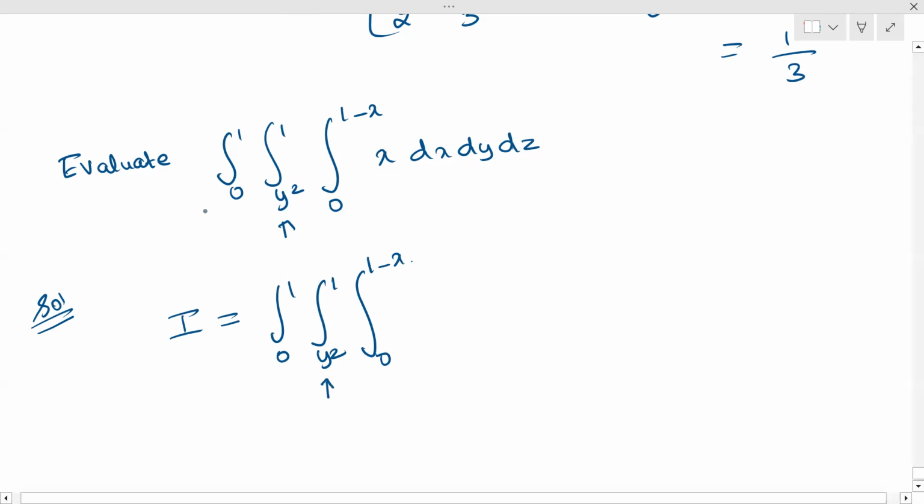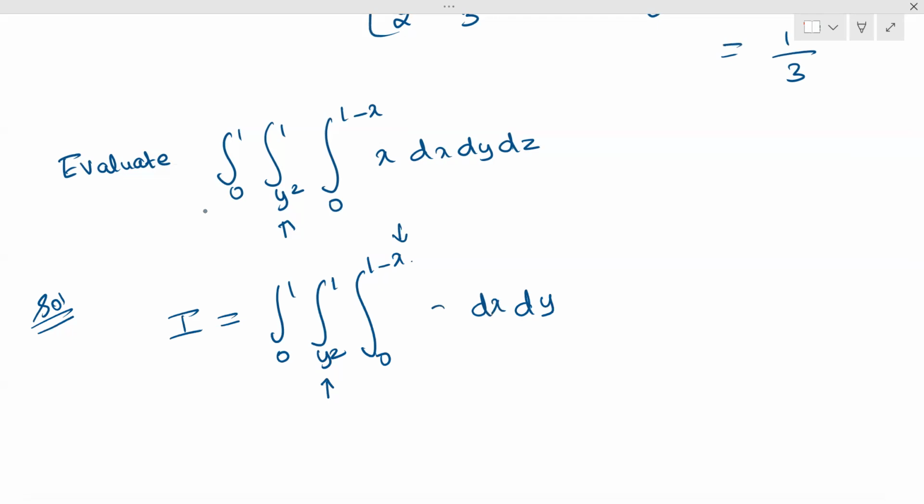See here, the middle integration has the variable y. Definitely when we apply the limit, we are getting the function of y. So the last integration is only with respect to y. And the first integration has the variable x. So when we apply the limit, we are getting function of x. So the middle integration is with respect to x only.